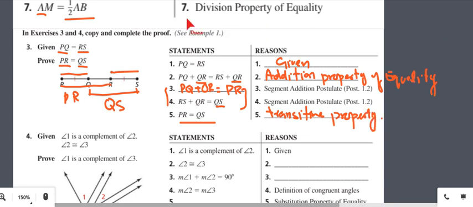This is the transitive property of equality. By using the transitive property of equality, we can say that. Clear? Is there any question?